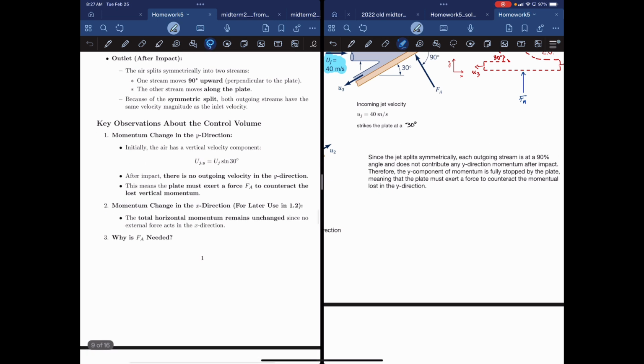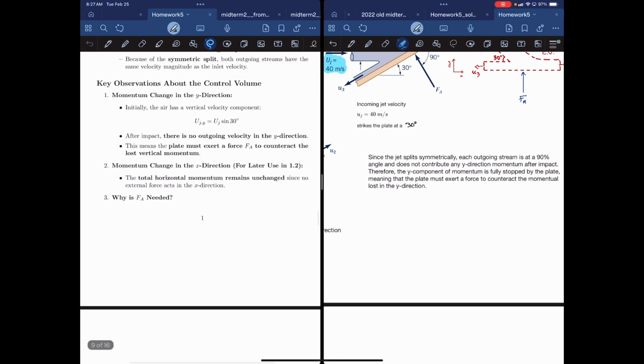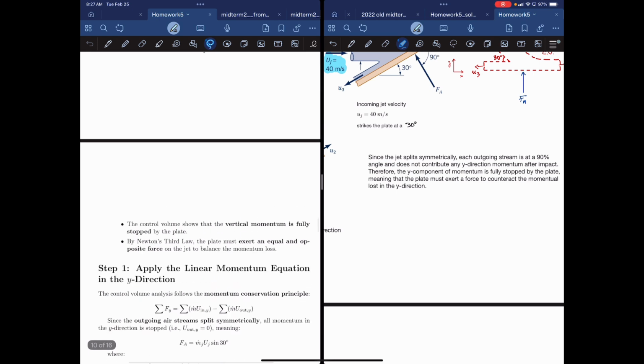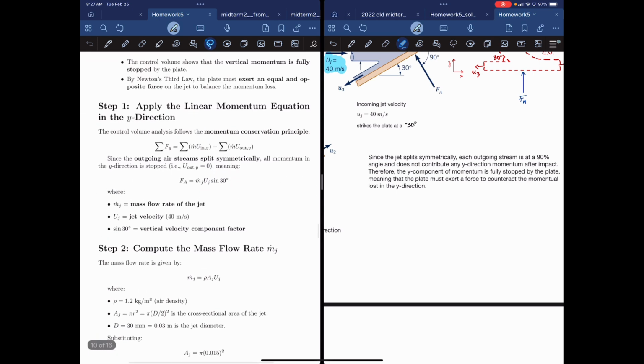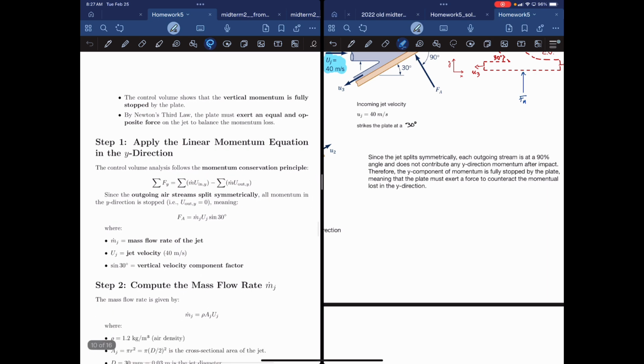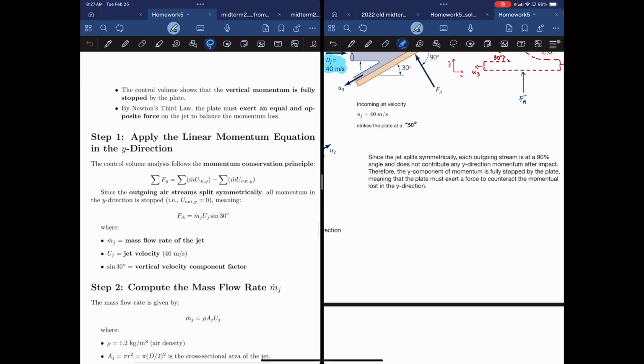Initially the air has the vertical velocity component, uj sine 30 degrees. But after impact, there's no outgoing velocity in the y direction. So we have this setup, the linear momentum equation in the y direction.